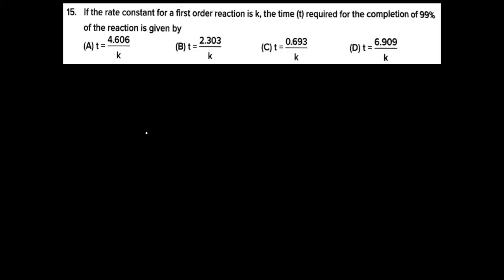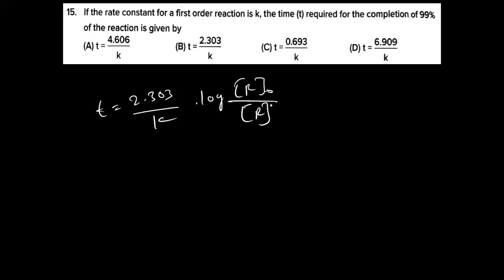15. If the rate constant for a first order reaction is K, the time T required for the completion of 99% of the reaction is given by. Okay, T is equal to 2.303 divided by K log R naught divided by R. R naught is the initial concentration, R is the concentration at time T. So substitute 2.303 divided by K log.